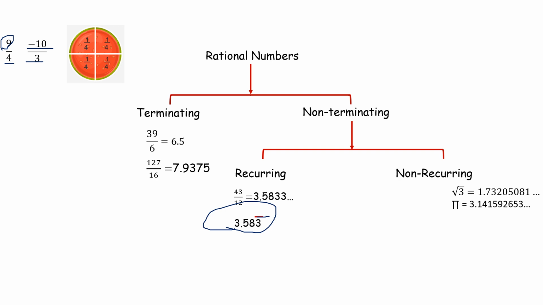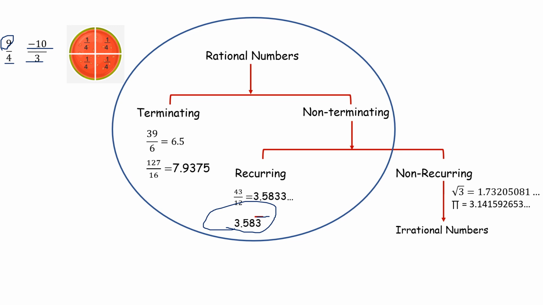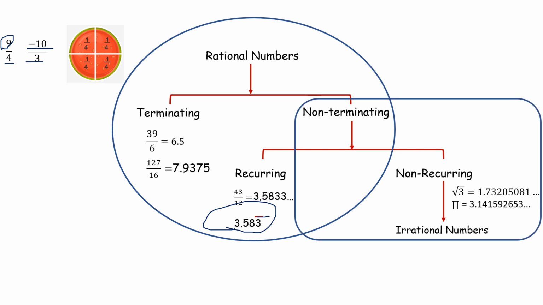The non-terminating, non-recurring numbers are called irrational numbers. We'll summarize this. Rational numbers consist of terminating and non-terminating but recurring numbers. Irrational numbers consist of non-terminating but non-recurring numbers.